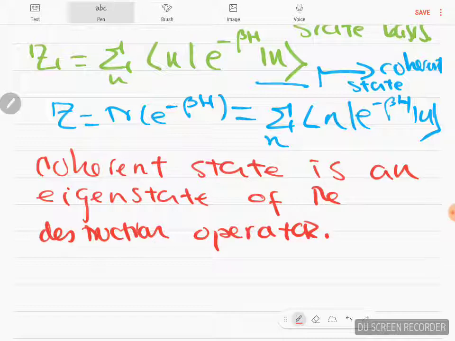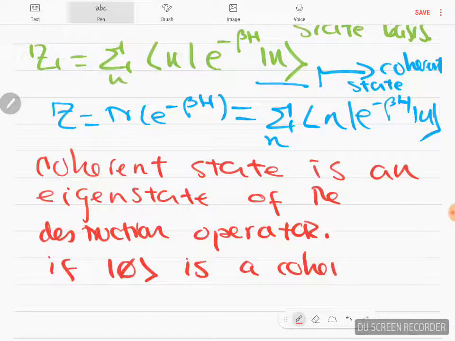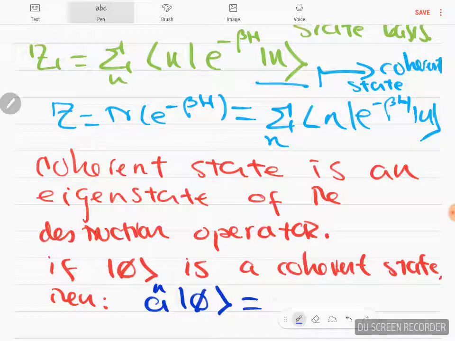That means that if phi is a coherent state, then it follows that the operator a acting on phi is equal to an eigenvalue, which we will denote as phi, times the state phi. So this is the definition of a coherent state.